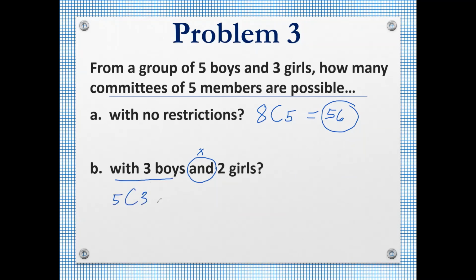So 5C3. Why 5 again? Because in the given, there are 5 boys, and we need 3 boys in the group. And, which means times. So, multiplication. Now, there are 3 girls and we have to choose only 2. So this is our formula.